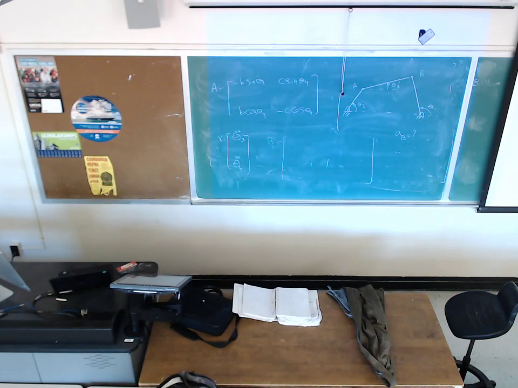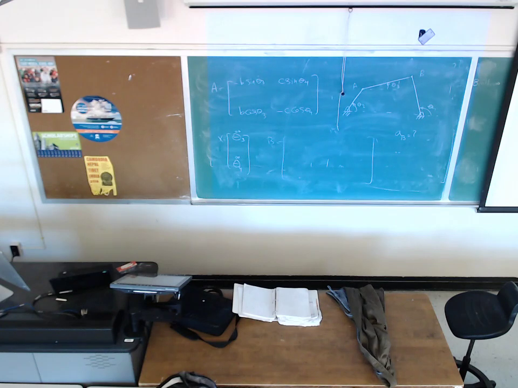For Y component, C is constant, I should differentiate the first term. Second term, this is theta double dot times cosine of theta 4. I'll keep this. Derivative of this guy is going to be negative theta dot 4 sine of theta 4.